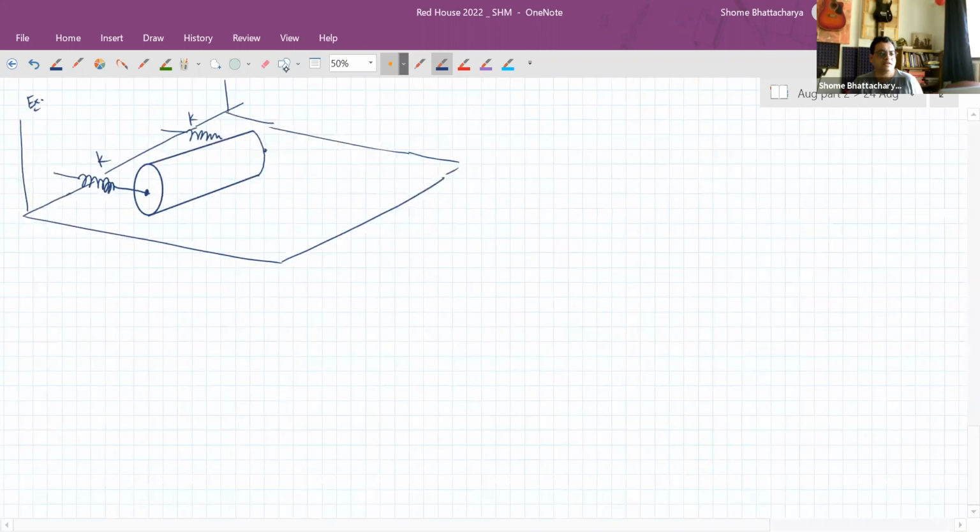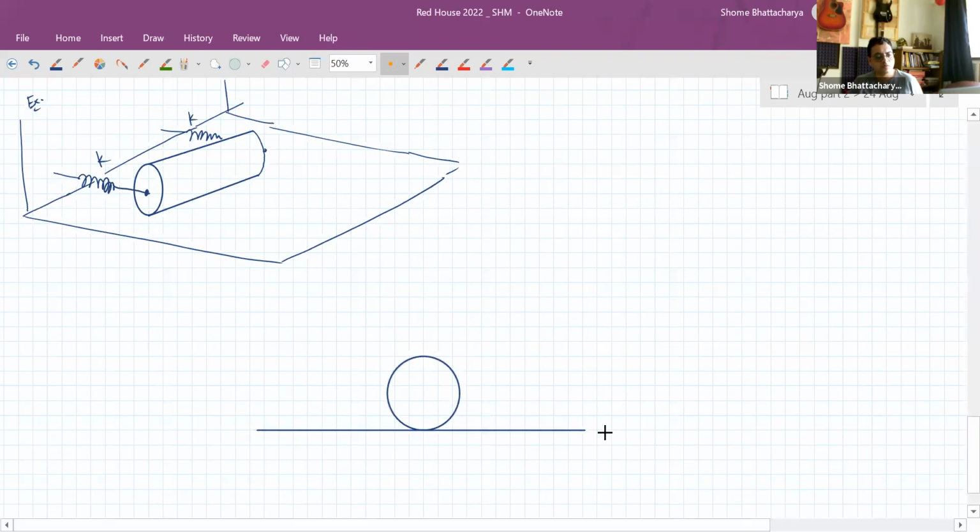So the side view diagram basically looks like this. You have the cylinder lying on a rough surface, and close to it there's a wall. The cylinder is attached to the wall via these two springs on either side, through its axle, and a spring in the background also.